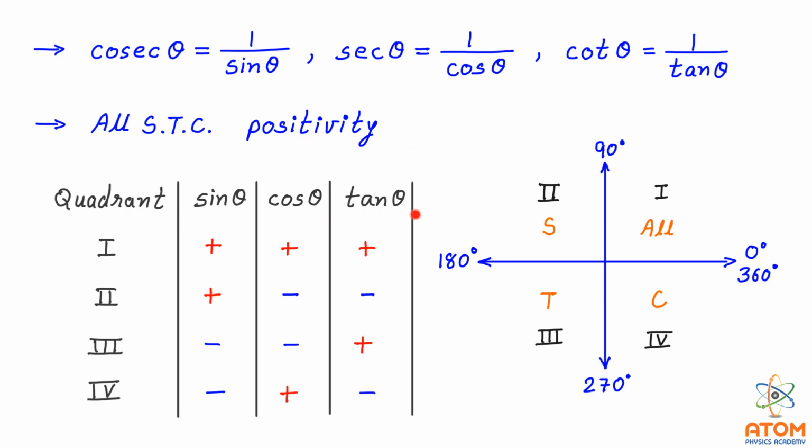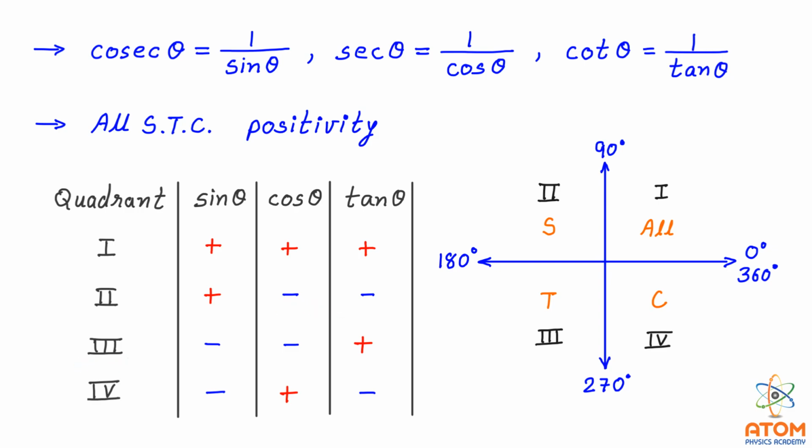So we have written all STC positivity. Here is the chart showing all the positive and negative functions. These are quadrants 1, 2, 3, 4 and these are all the functions sin theta, cos theta and tan theta. In the first quadrant sin theta, cos theta, tan theta all are positive. In the second quadrant sin theta is positive, cos and tan are negative.